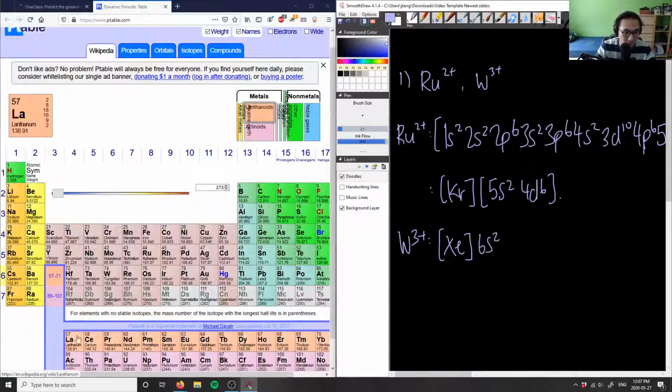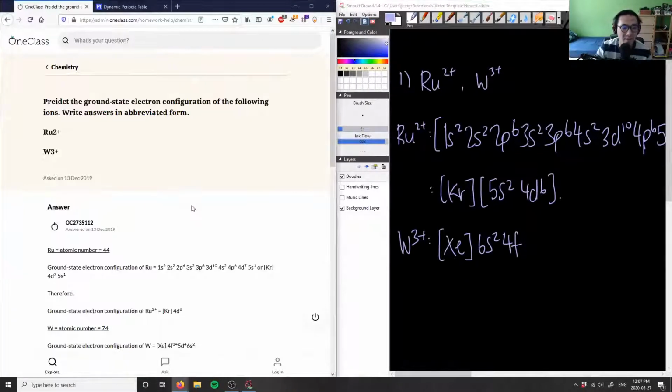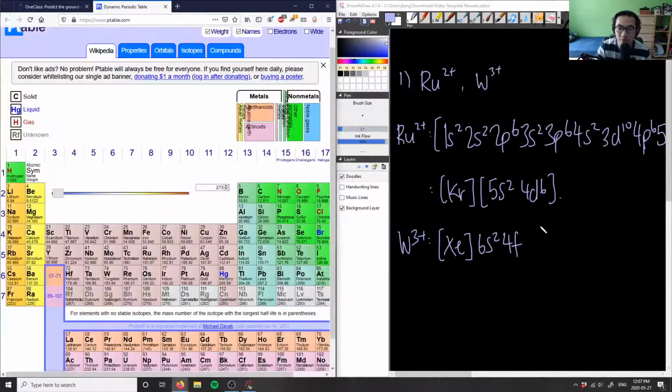And then it's going to go to this block, which is the f block, the 4f block. The f block has 14 electrons as stated here, which is great. So 4f14, and then we have this block here, which is 3d, 4d, and 5d.